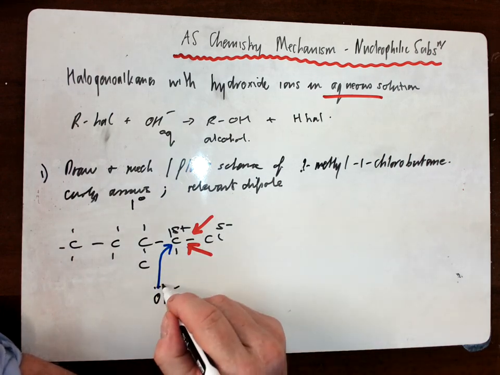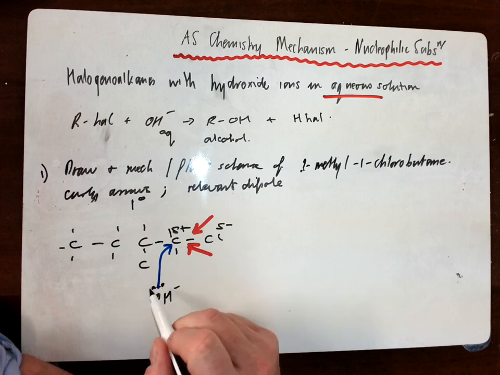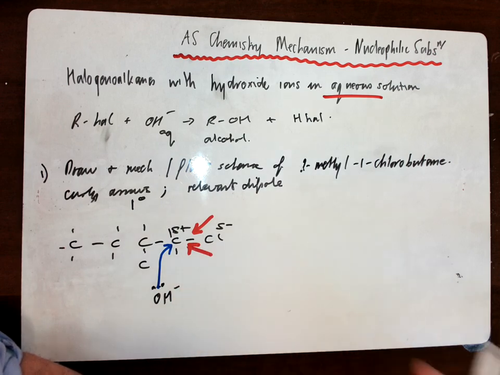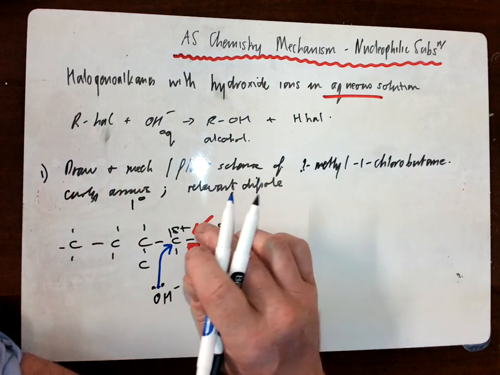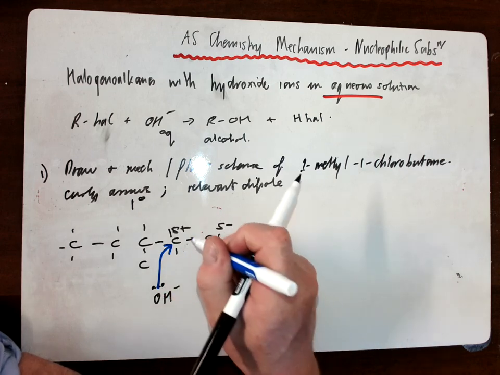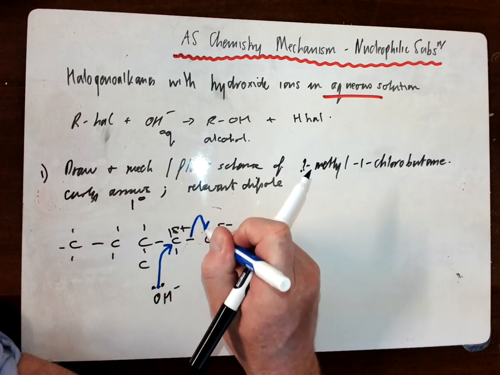So they go from the middle of the lone pair to the delta positive carbon. That will cause the electrons around this carbon to be repelled. The ones that are repelled the most will be the ones in the chlorine.